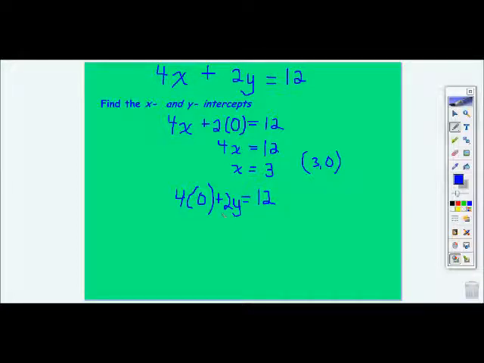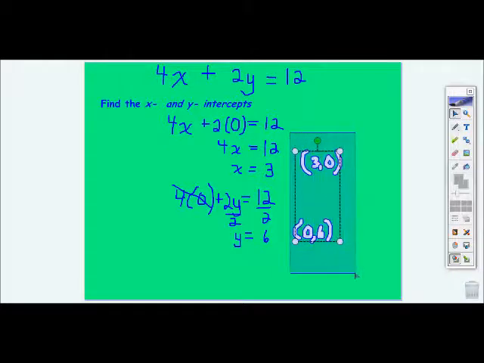So we have 2y equals 12. Divide both sides by 2, and we find that y, our drifting time, is going to be 6. So again, when x is 0, y is 6, and we end up with 2 coordinate points. Connecting 2 points will give us a line.